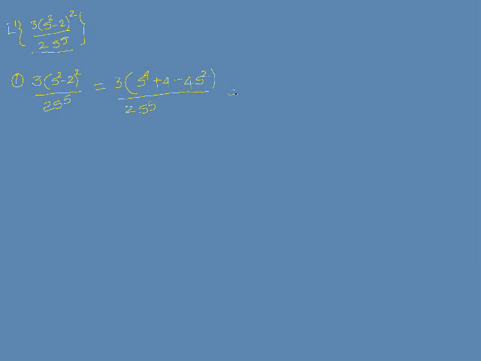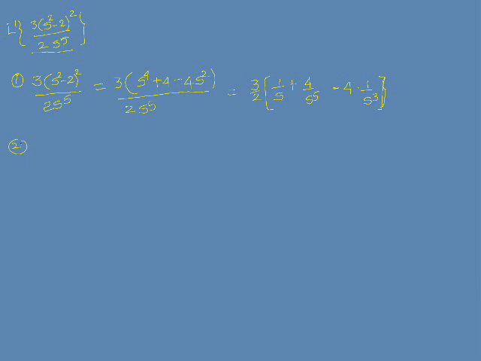This you can write as 3 by 2 into s power 4 by s power 5, that is 1 by s, plus 4 by s power 5, minus 4 into s square by s power 5, that is 1 by s cube.